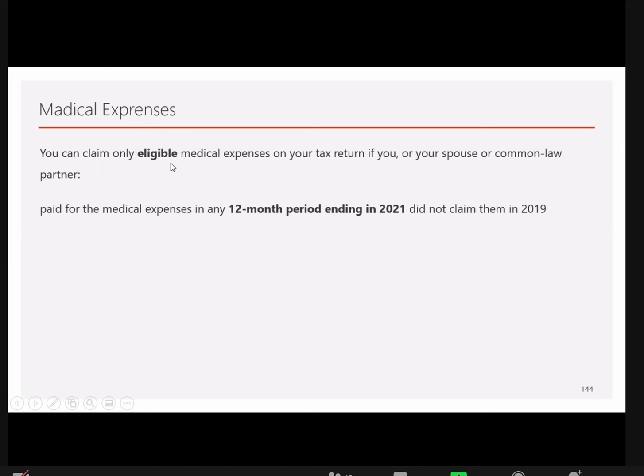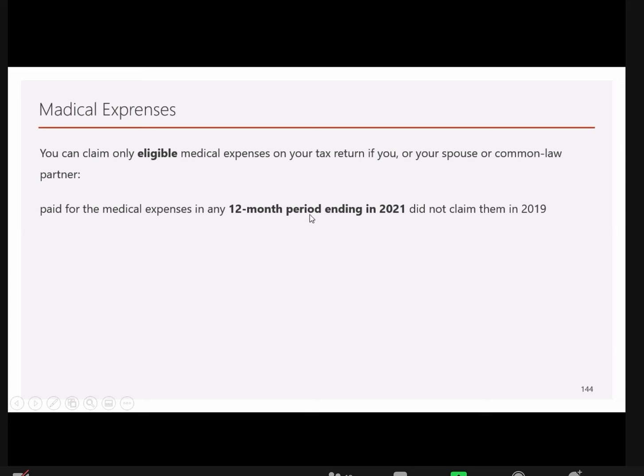Next topic: what is eligible? Which medical expenses are qualified or not? Eligible medical expenses on your tax return are those that you, your spouse or common-law partner paid for in any 12 months.